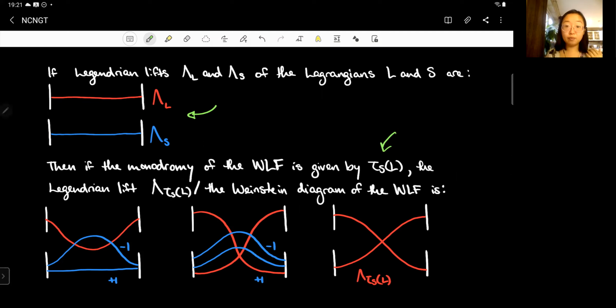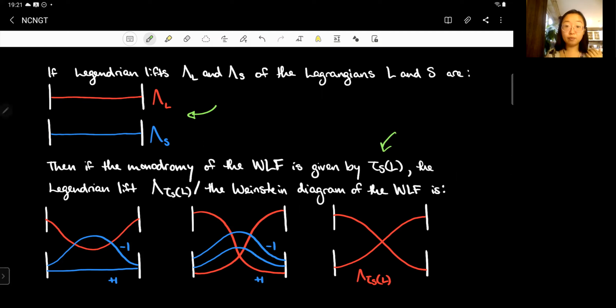We have the curve lambda L, the Lagrangian lift of L, and then two parallel surgery curves along lambda S, a -1 and a +1. And this diagram is a picture of lambda tau S of L.